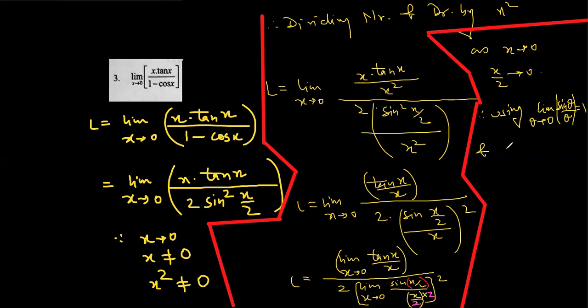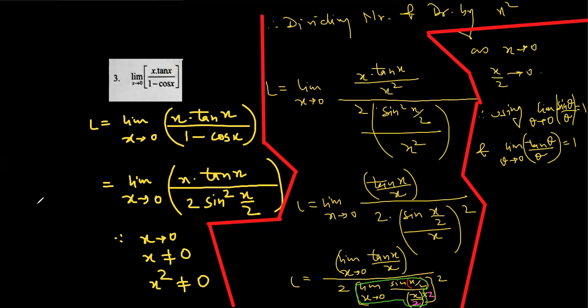And one more result we are using: limit tan theta upon theta when theta tends to 0 is 1. So see, students, we are going to have 1 here, and we are going to have this part as 1. You can check here. This much is 1, not this 2. Okay, this 2 is outside.